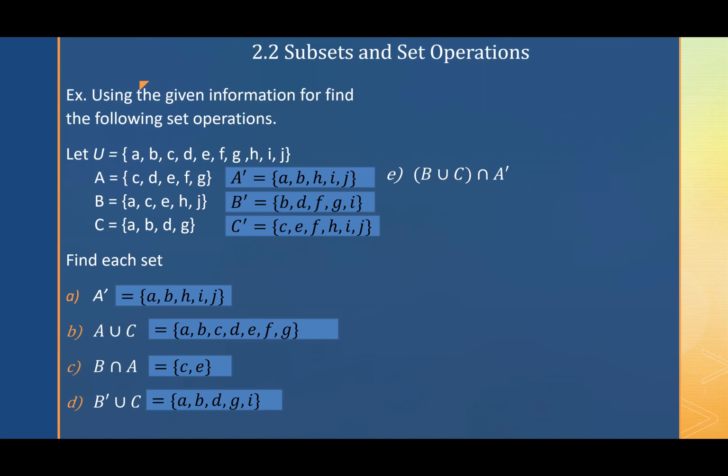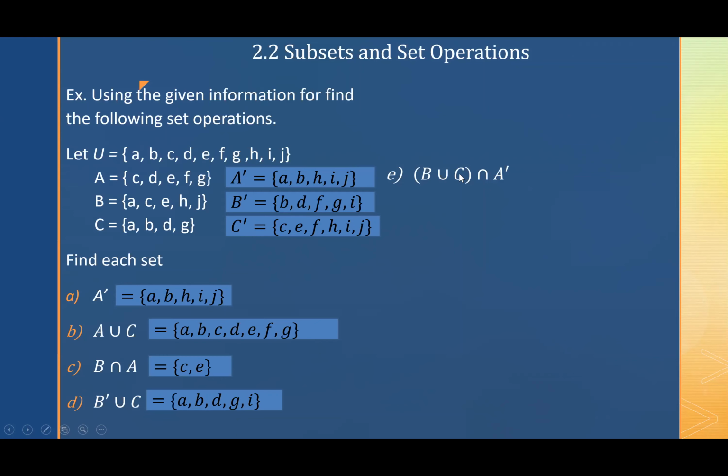One thing is to be careful of how they structure this question. The first thing we need to do is, in order to know what this item has in common with this item, we need to know what this item is. We have the A prime, we did the A prime here. So now we need to find the union of B and C.